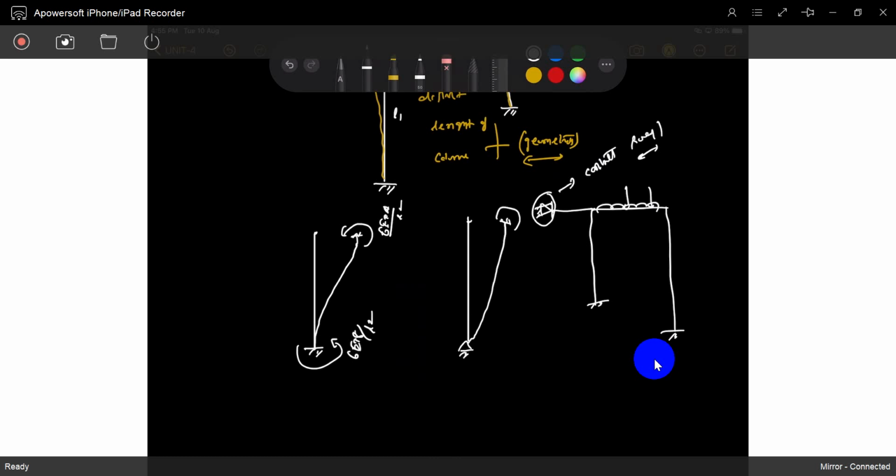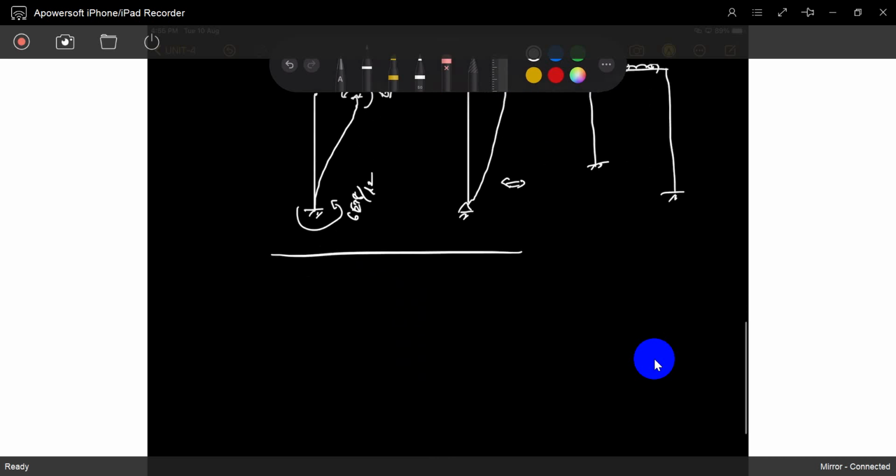So it experiences a moment of 3EIδ/L². We derived that proof way back, otherwise you can check it. These two are sufficient. See it.